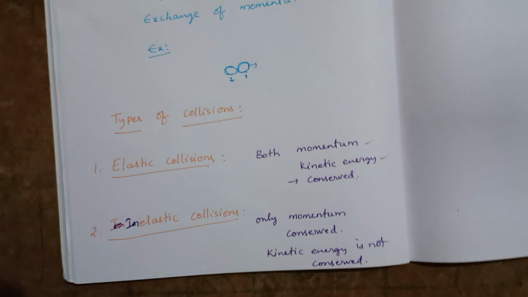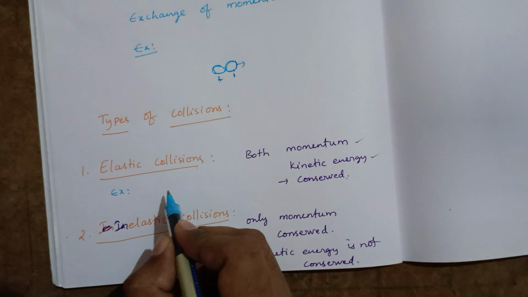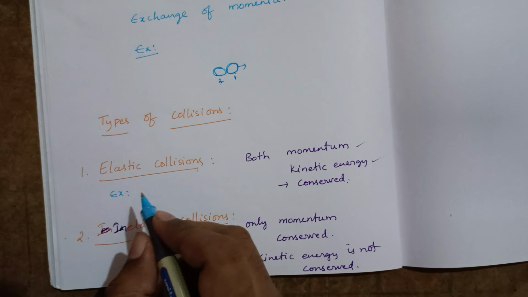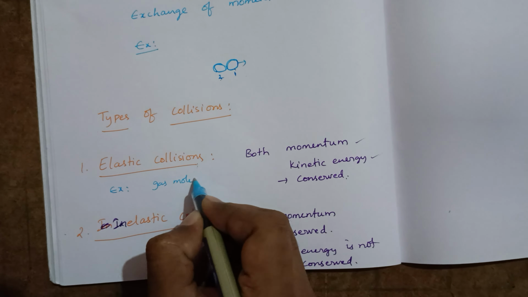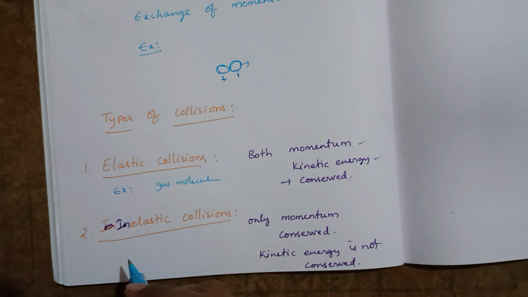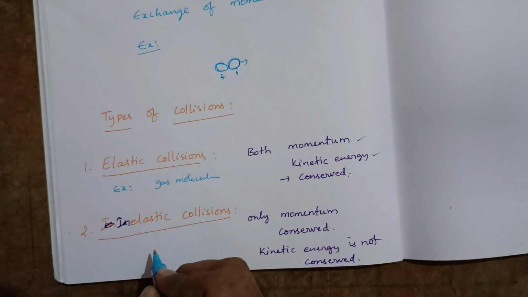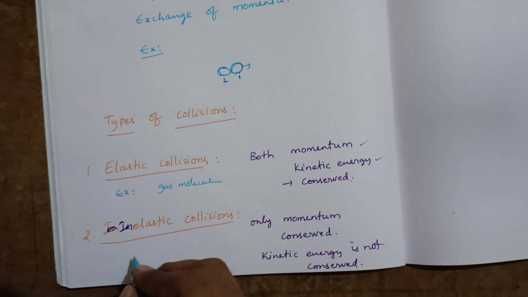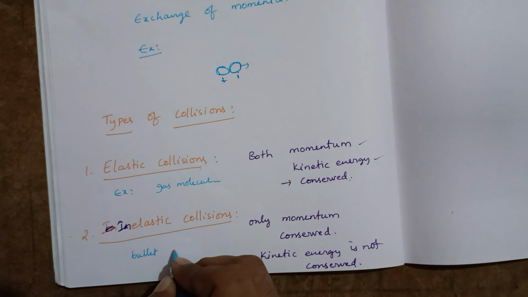Now, examples. An elastic collision example is collision between gas molecules. An inelastic collision example is collision between a bullet and its target.